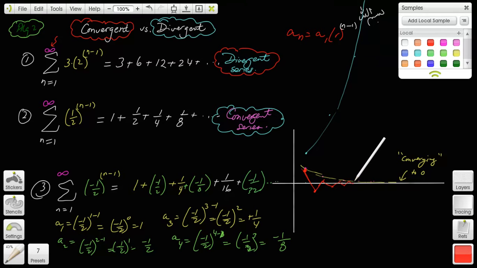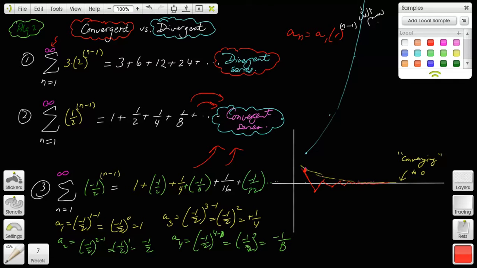But nevertheless, even though it's vacillating across the x-axis, it converges. It's converging to 0. So this too is a convergent sequence, a convergent series. So this one is a convergent series, and this one is a convergent series.